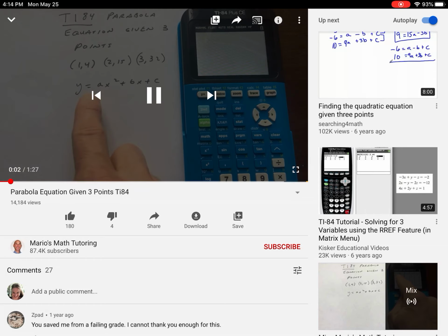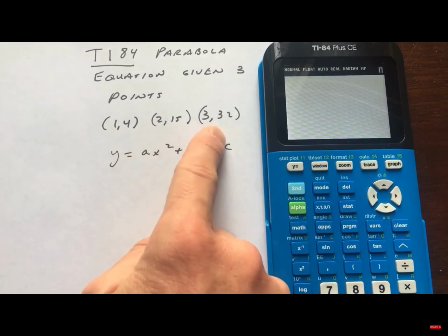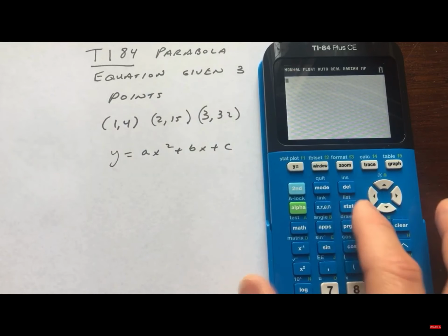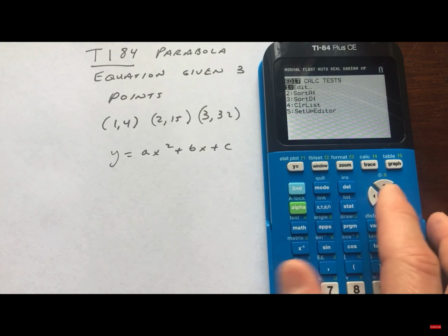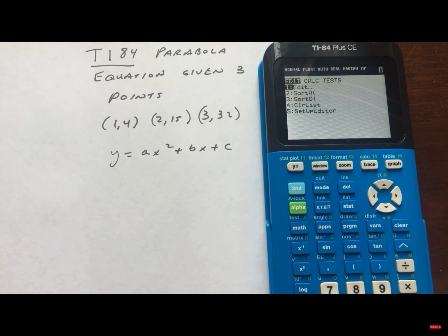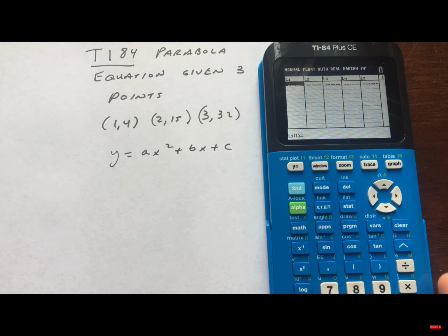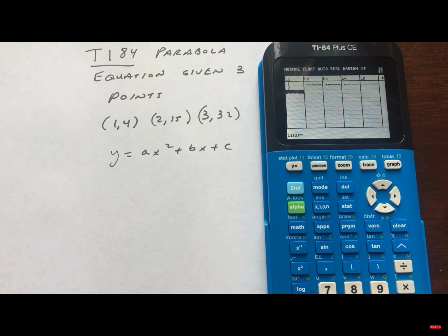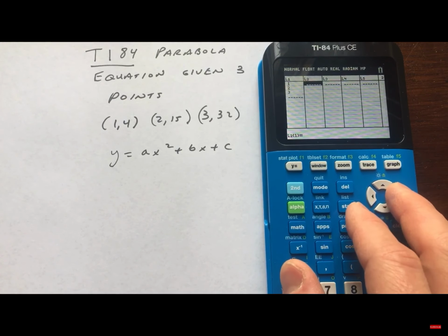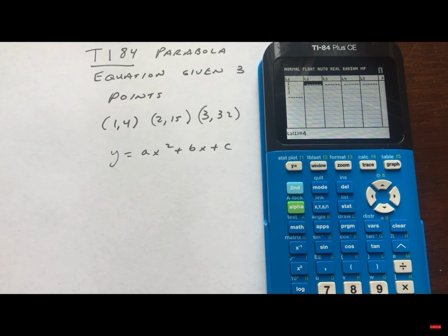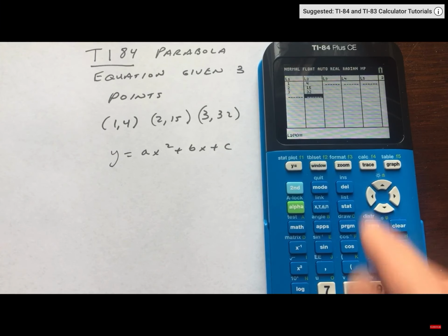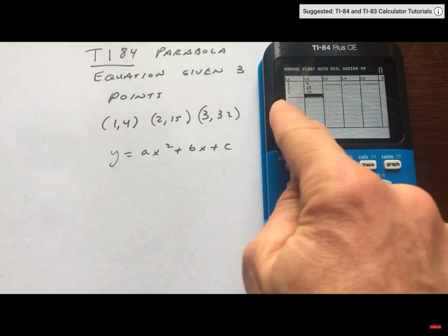Hopefully. 1, 4, 2, 15, and 3, 32. So let's go over here to the TI-84. What we're going to want to do is go to Stat, S-T-A-T. Let's go ahead and press that button. You want Edit. I'm just going to be pressing Enter for Edit. And then List 1 and List 2. Now in List 1, you want to enter the X coordinates of the points. So I'm going to enter 1, 2, and 3, and I'm just pressing the Enter key. And then if you go over to List 2, I'm going to enter the corresponding Y coordinates. So that's 4, 15, and 32. Okay, so you can see the points there, 1, 4, 2, 15, 3, 32.